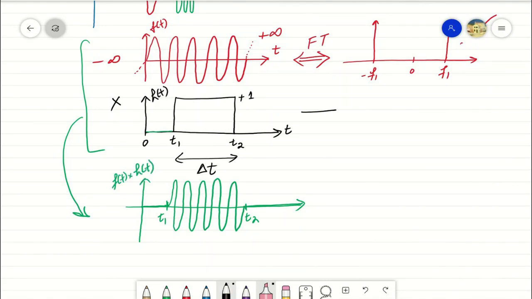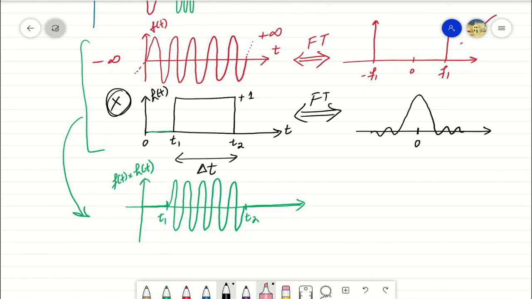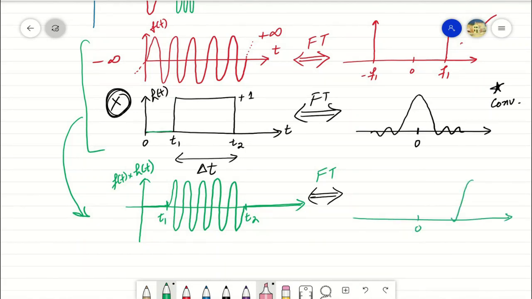As we know that the Fourier transform of this rectangular signal is a sinc function, while the equivalent representation of this multiplication operation in frequency domain is convolution of these two signals. When we convolve these two signals in frequency domain, we can obtain the Fourier transform of this sinusoid which is limited in time, that will be this sinc shifted across the frequency f1 and its mirrored image at the frequency minus f1.